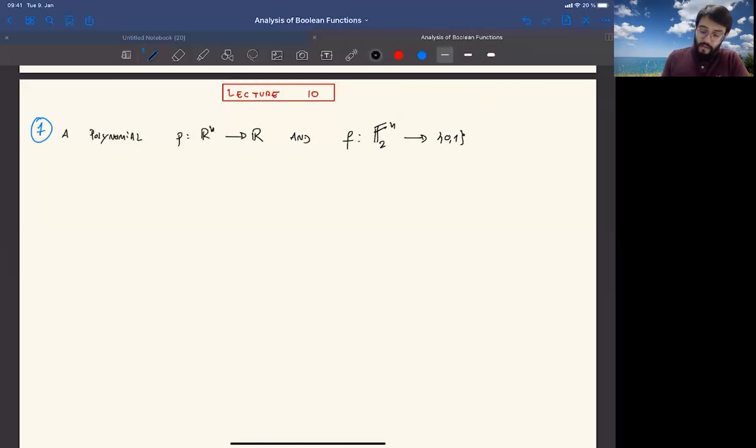So a polynomial P approximates f if the absolute value of P of x minus f of x is less or equal than 1/3 for every x in here.